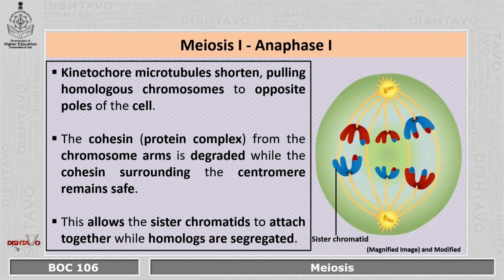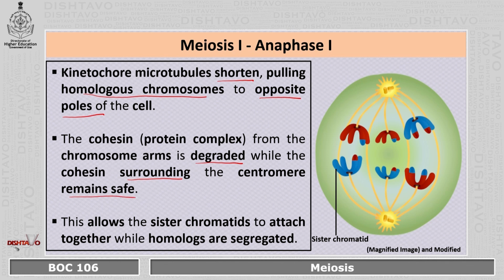In anaphase 1 of meiosis 1, kinetochore microtubules shorten, pulling homologous chromosomes to the opposite poles of the cell. The cohesin protein complex from the chromosome arms is degraded, while the cohesin surrounding the centromere remains safe.